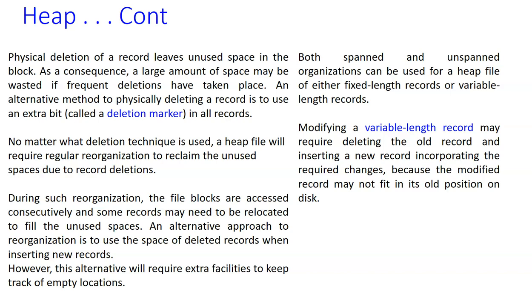An alternative to physically deleting a record is to use one extra bit. That extra bit is what we call a deletion marker. So all your records will have a deletion marker. The deletion marker helps us to know what particular records were deleted and where they were deleted.